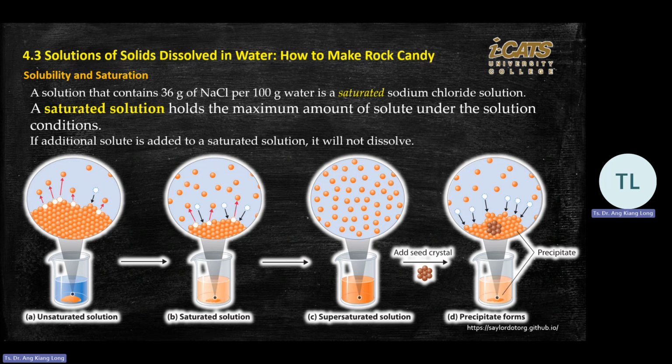It will not dissolve. Why? Because the saturated solution definition is maximum: it holds the maximum amount of solute under the solution condition. Condition here in chemistry means the concentration, the temperature of the solution, and so on.